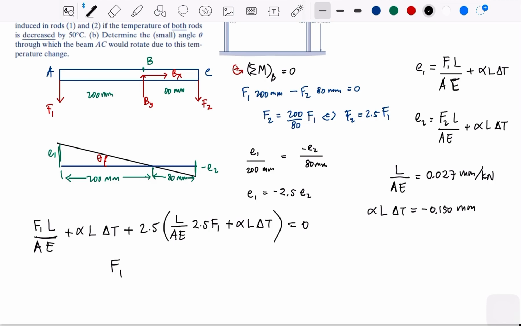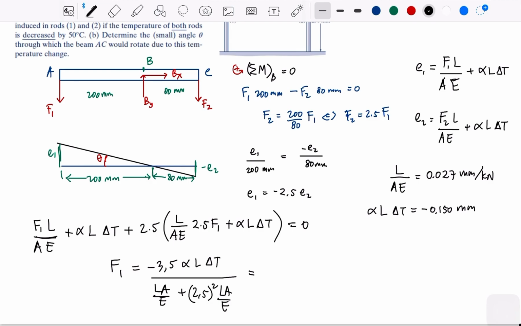2.5 squared is 6.25. Yeah, I think you can check that out.